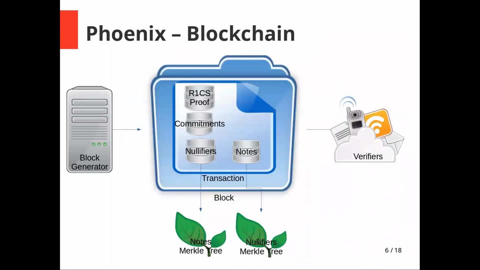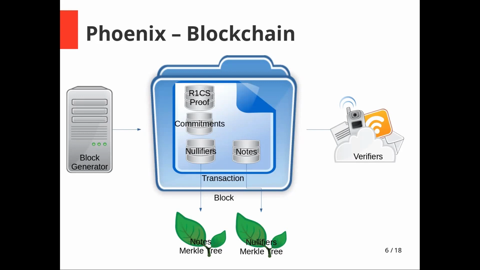As for the blockchain, after the block generator injects his public key on the fee, he will, of course, build a block. And one of the transactions of that block will contain the R1CS proof data, the commitment points, the nullifiers, and the nodes. Both nullifiers and nodes will be sent to Merkle trees to grant the consistency of these items.